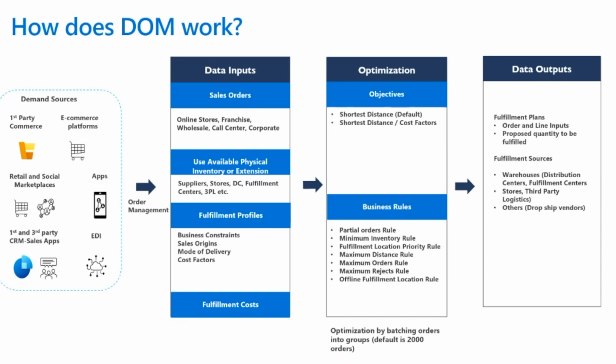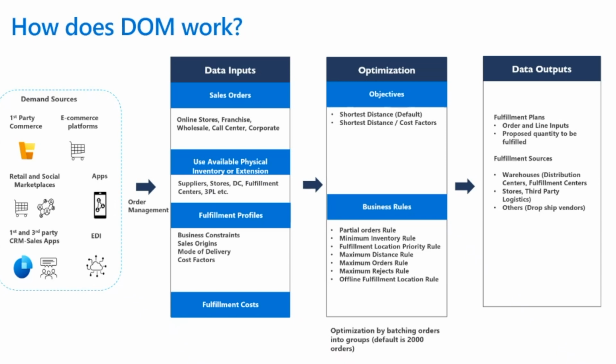And let's say they have on hand only 7 different items. Then the decision comes into the picture whether they should fulfill those 7 lines and skip the rest, or fulfill all 10 lines when the inventory is available. So that's where the partial order rule comes into the picture, which gives you flexibility to define whether you can partially fulfill an order or you must fulfill the whole order.